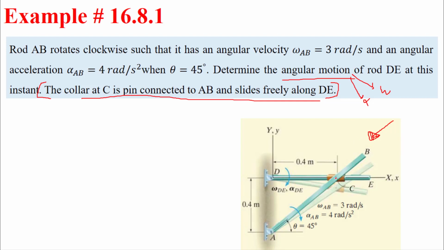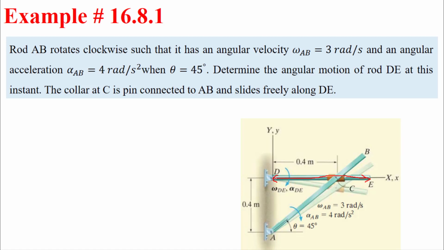Why? Because the slider has two motions. The first motion is rotation with link AB, and the second motion is sliding on link DE. Usually the link that the slider is sliding on is where we apply the equation of section 16.8. So equation 16.8 is applicable for the link where the slider slides.